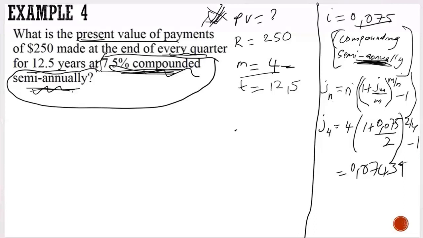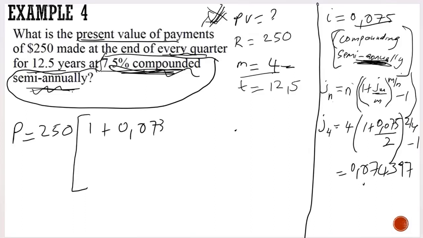Now you take this new interest rate and come and get your formula. P is equal to, I'm not going to write the original formula, I'm just plugging in everything. You've got 250, which is 1 plus 0.073098.